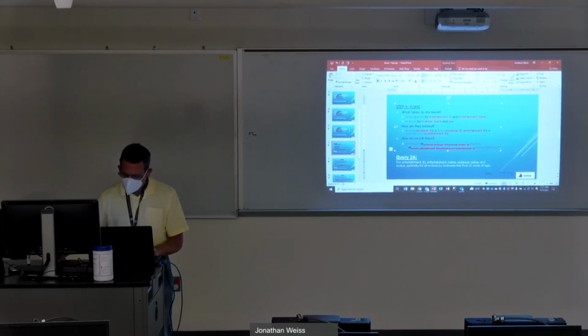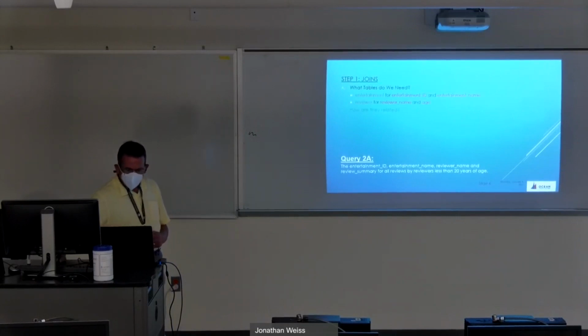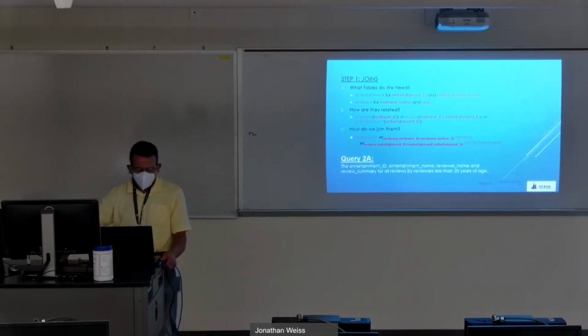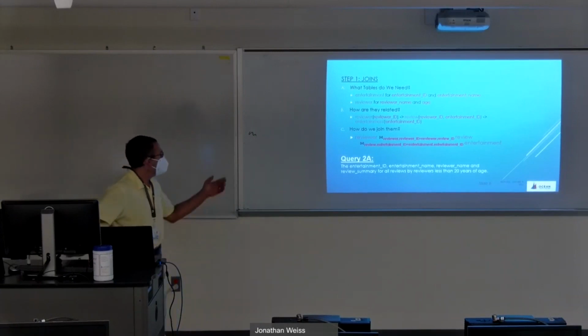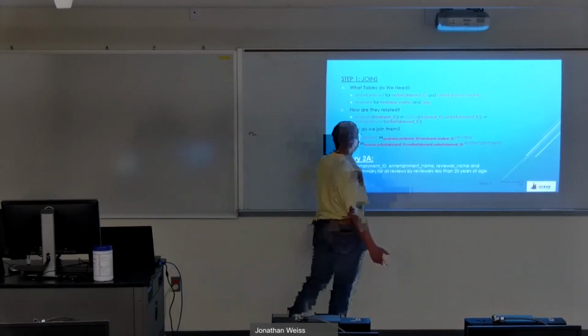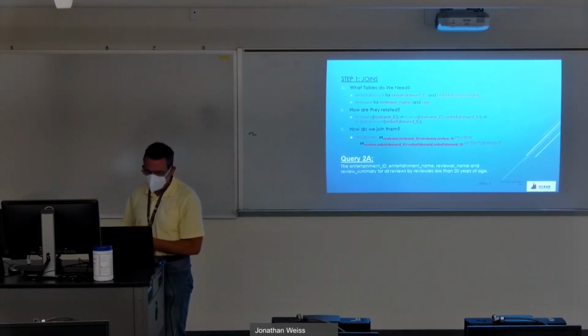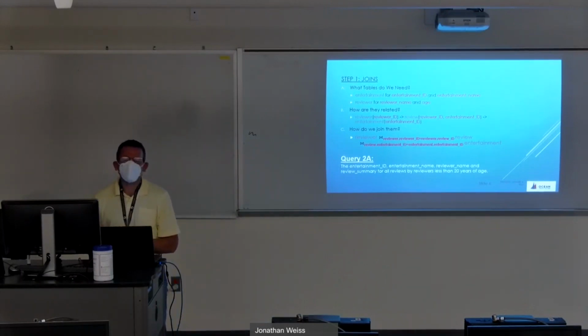You need review in the middle, exactly. So that's how you do the join, and that's step one. We could have done that in the opposite order, by entertainment, and then review with reviewer by reviewer ID. Any questions on this first step for this problem?